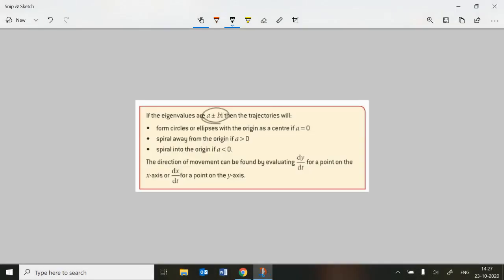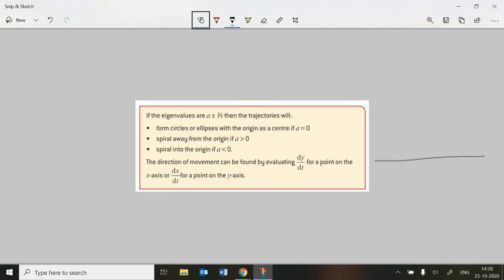They're saying here that if we're getting these complex eigenvalues, that's new to this exercise, of course, then the trajectories of our phase portraits will form circles or ellipses if a is equal to 0. In other words, if you've only got an imaginary part, you don't have a real part to the complex number as well.